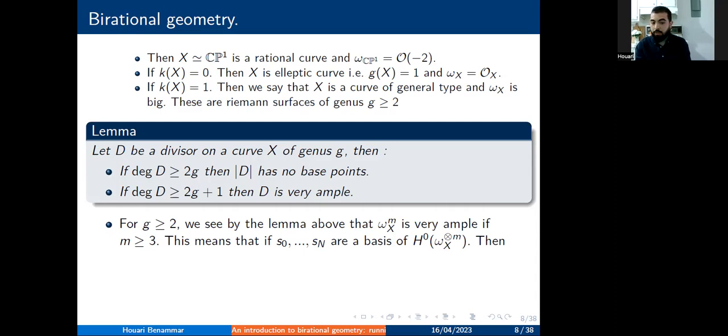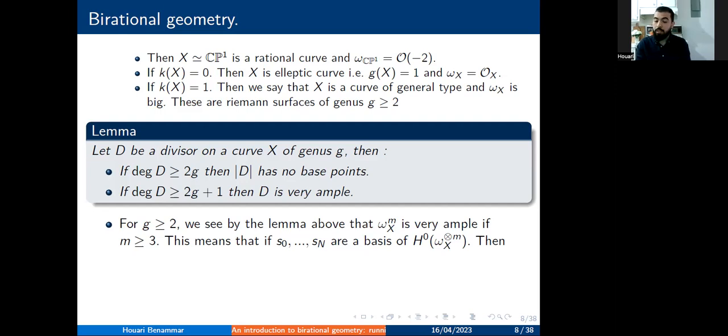So we take a divisor on a curve. A divisor means a sum of a coefficient times a point. Okay, so we take a divisor on a curve of genus g, any curve. If the degree of D is bigger than 2g, so 2 times the genus, then the linear system has no base point.